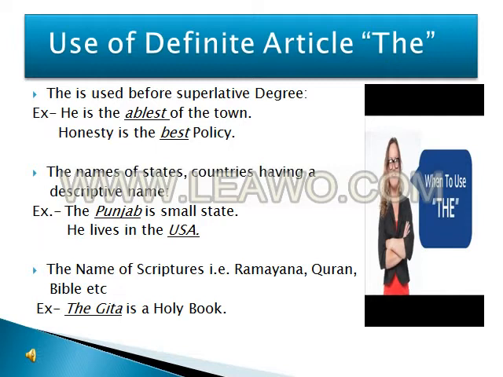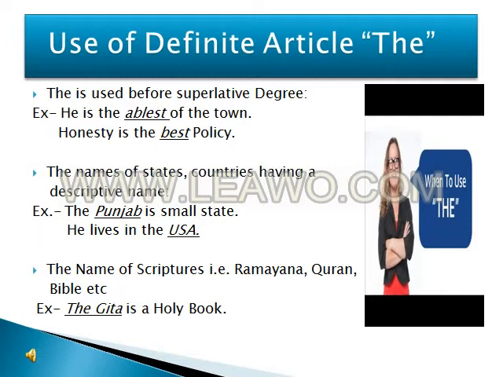But just for the remembrance, we have to just keep in mind, wherever we'll get the third form of the verb, okay, we use the. For example, he is the ablest man of the town, and the second one is honesty is the best policy. So keep this thing in mind. The is used before superlative degree.